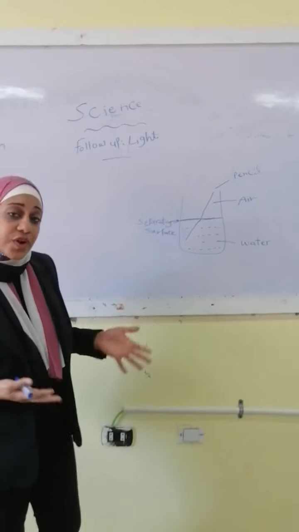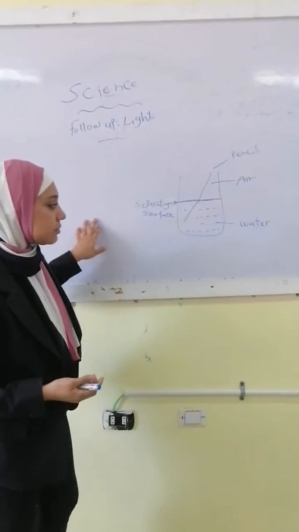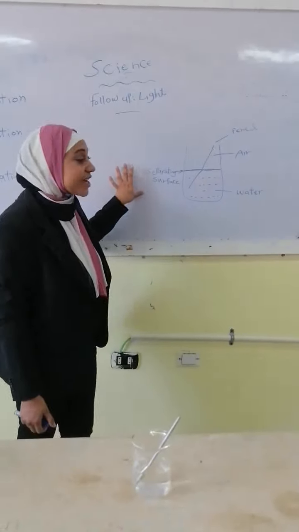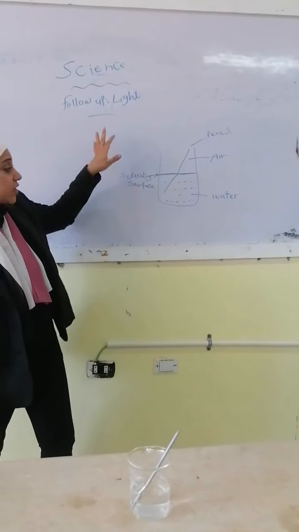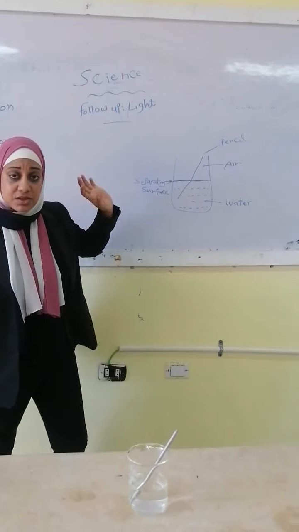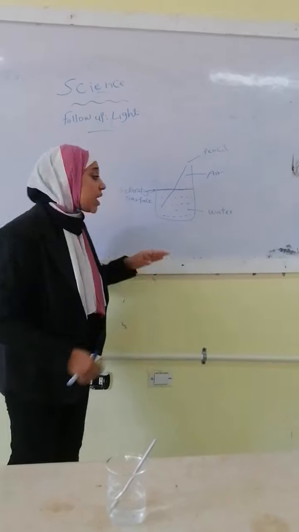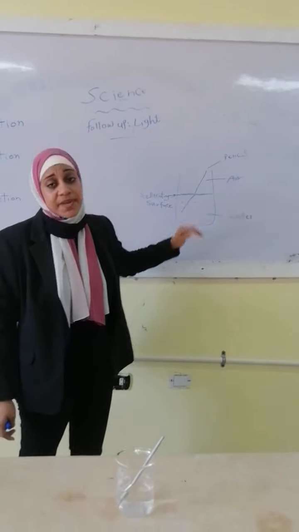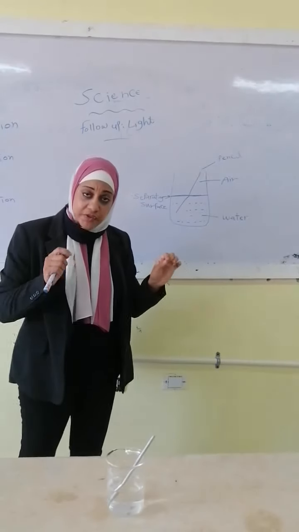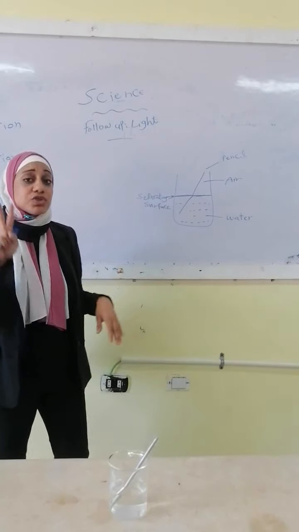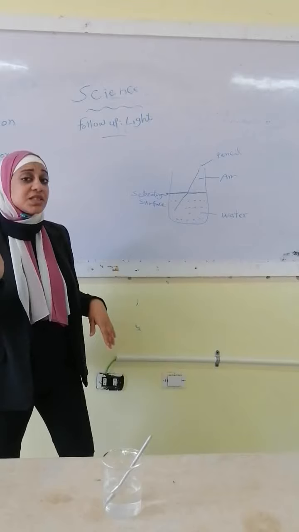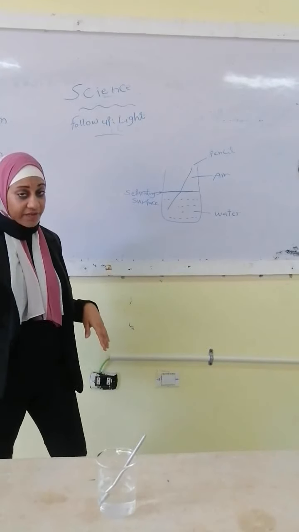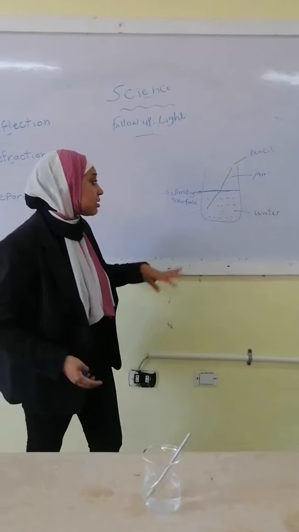So light refraction is the change of the direction of light rays when they pass through a separating surface between 2 different transparent media. So here I have to focus that I'm speaking about 2 different transparent media, like we have taken in the last lesson.